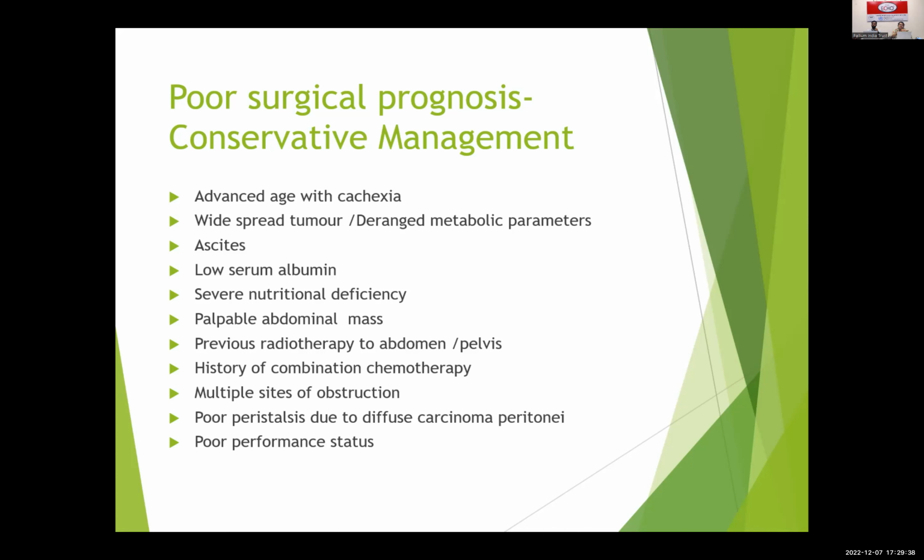If the patient is having ascites, low serum albumin, severe nutritional deficiency, a palpable abdominal mass or previous radiotherapy to abdomen or pelvis, definitely a no for surgery. History of combination chemotherapy, multiple sites of obstruction, poor peristalsis due to diffuse carcinomatosis peritonei, and poor performance status is definitely a no for surgical intervention. All right, so this person with these features is a candidate for conservative management.